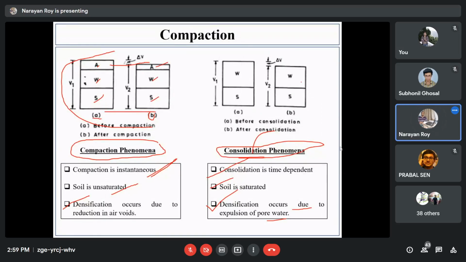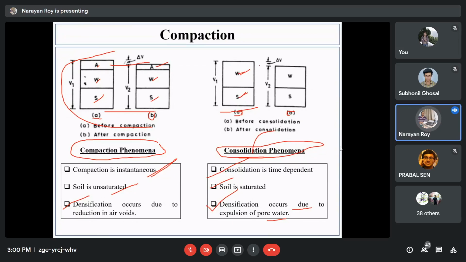But if you carefully observe what is happening in consolidation, figure A stands for before consolidation, and figure B stands for after consolidation. This is basically a two-phase system, because we have assumed the soil is completely saturated. So it will be only solid and water.